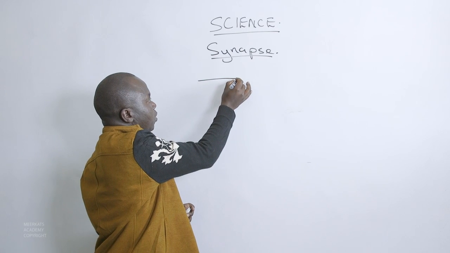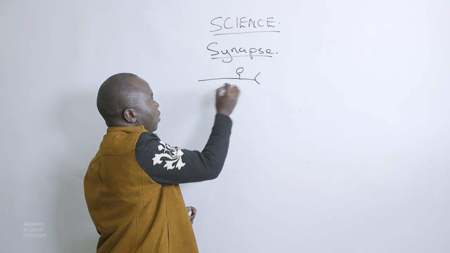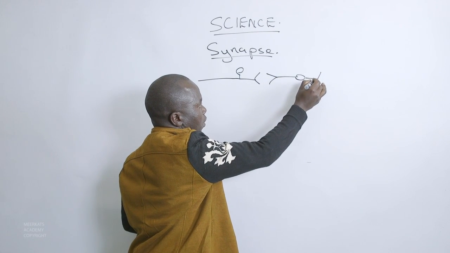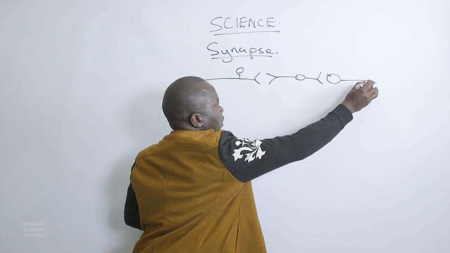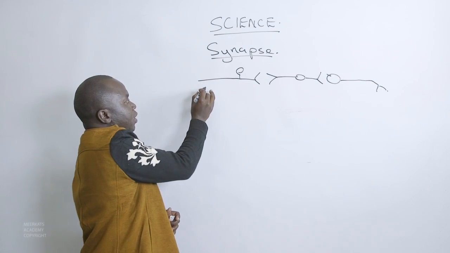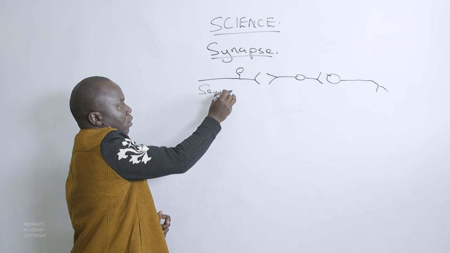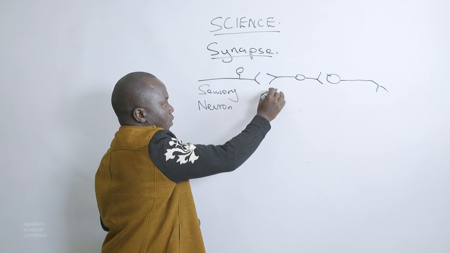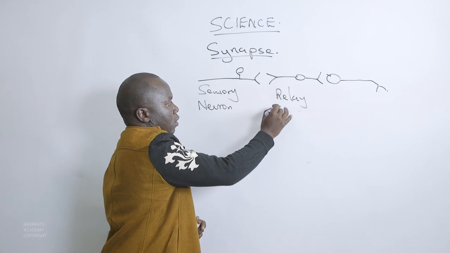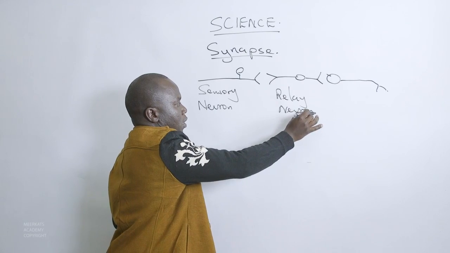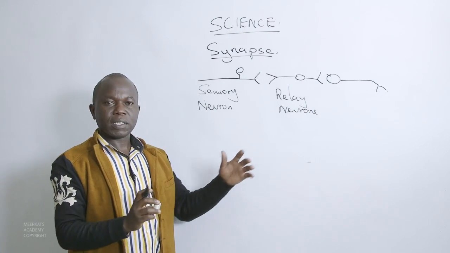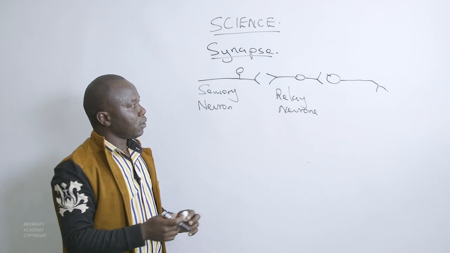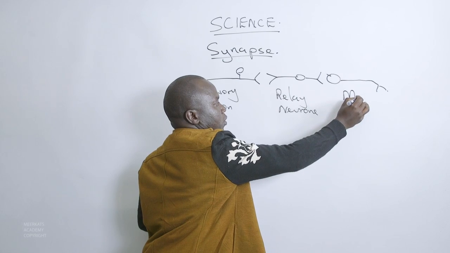The relay neuron has other names like connector neuron, intermediate neuron, and then we have the motor neuron.